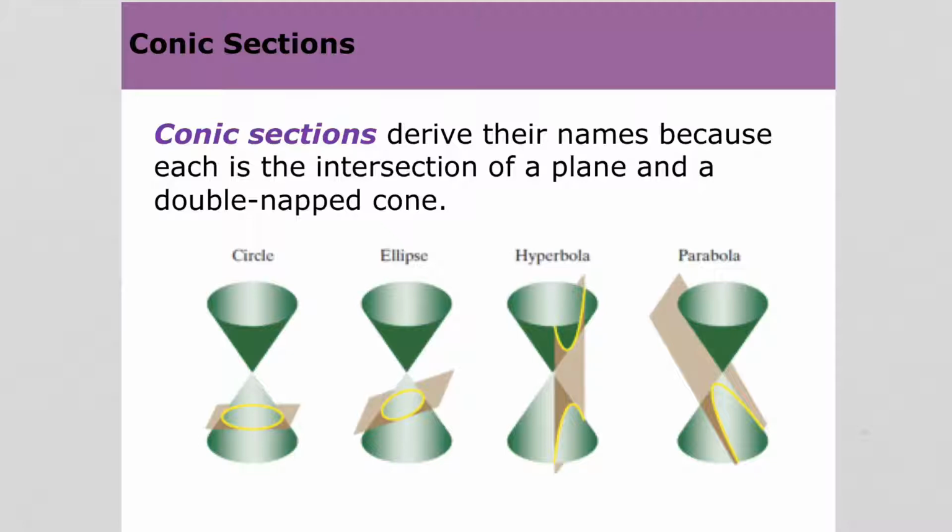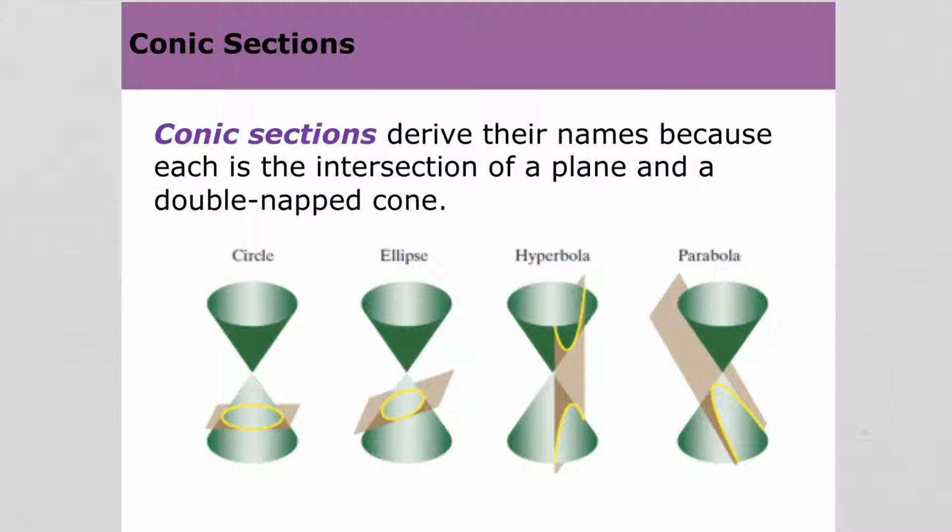A hyperbola is when the plane intersects both cones. When it intersects both cones, you end up with kind of like two parabolas, you could say.